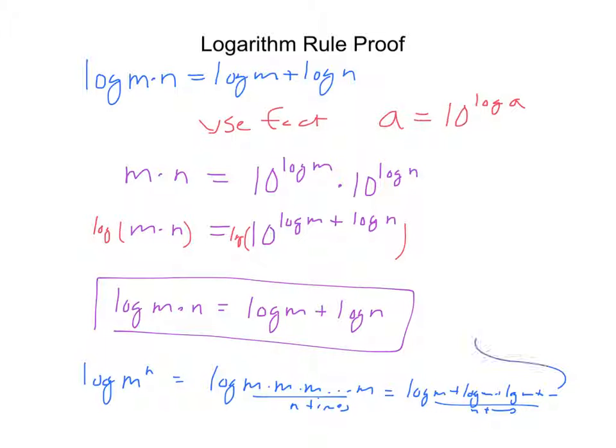So that whole thing there would equal n times the logarithm of m, which is what we saw in the rule, that you have that logarithm of some number to a power, that power comes out in front just like that. And you can also use this with inverse, with negative exponents to get the quotient rules.